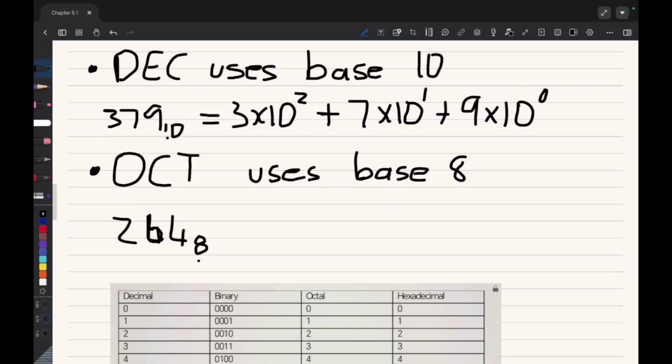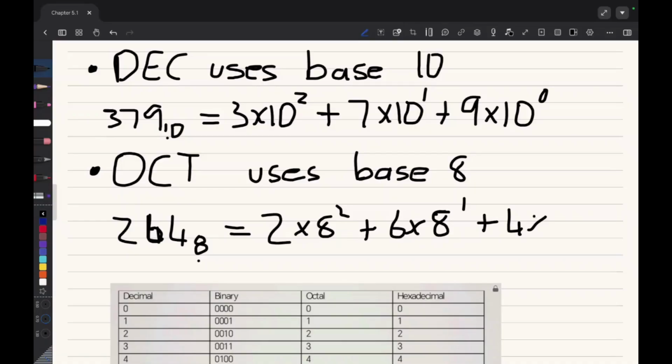So be sure to remember this. The conversion that led to this was 2 times 8 to the power 2 plus 6 times 8 to the power 1 plus 4 times 8 to the power 0.